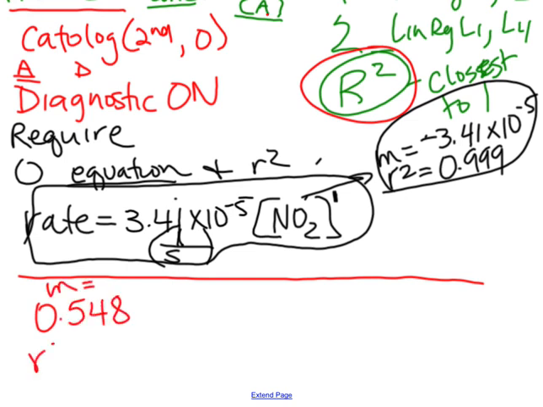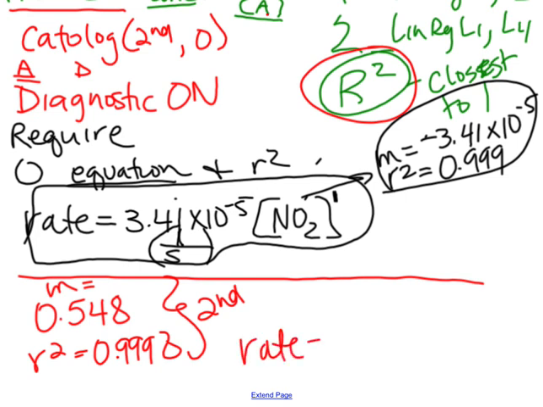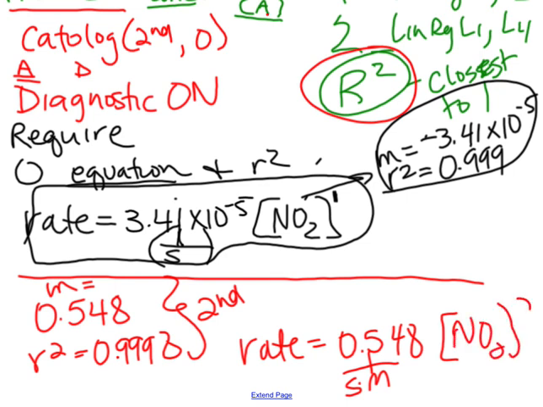It ended up being a second order reaction with an R of 0.9998. So the final rate law: rate is equal to 0.548, with the units of 1 over molarity second, times NO2 squared. All right, so the rest of you, finish up the first problem and work the second problem.